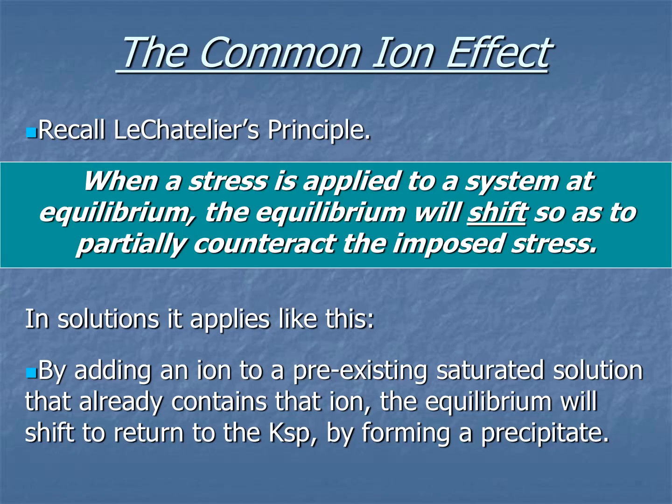In solutions, this applies like this. By adding an ion to a pre-existing saturated solution that already contains that ion, the equilibrium will shift to return to the Ksp by forming a precipitate.